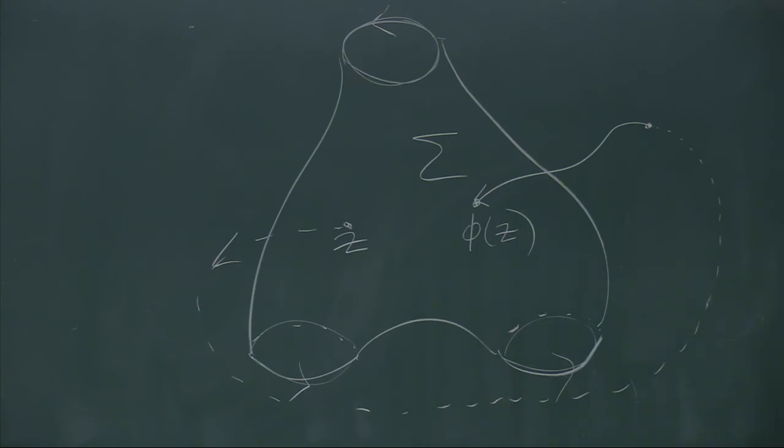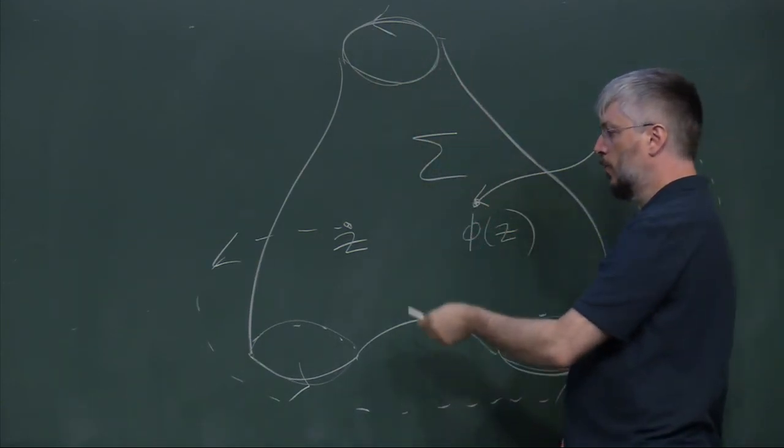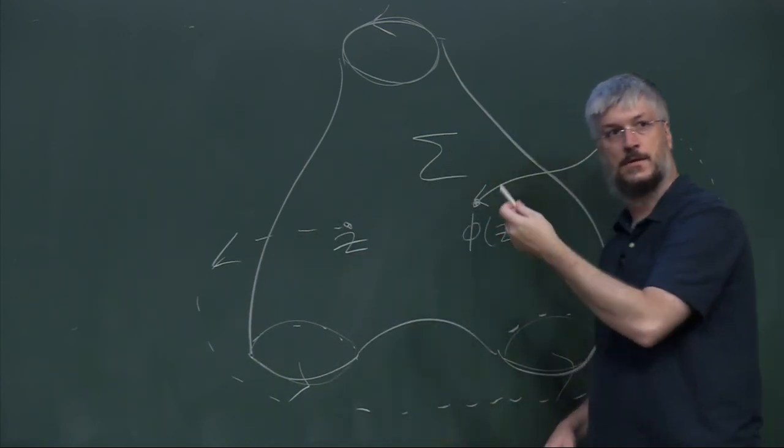If I have a periodic orbit of that map, meaning a fixed point of phi to the k for some k, then that's a Reeb orbit, a closed orbit of this vector field. And because it's a surface of section, that's all the Reeb orbits there are. So every Reeb orbit is either one of these circles on the boundary of sigma, or it's a periodic orbit of this map phi. Nothing else is possible.